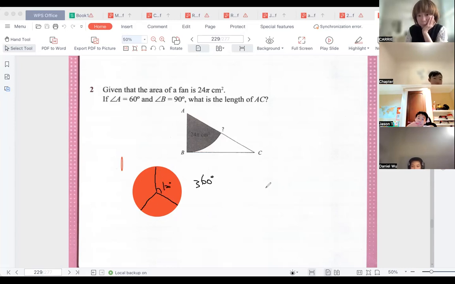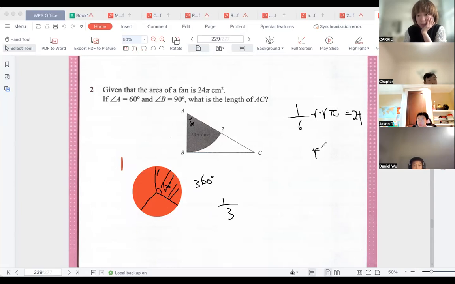So 120. 那换过来说，如果老师告诉你有一个派，它是120度的，you can think about it as actually 1/3 of the total circle area. Correct, Chapter? So this time I told you this degree is 60 degrees. So I know this one is 1/6 of what? Of the total circle, and which is 24.